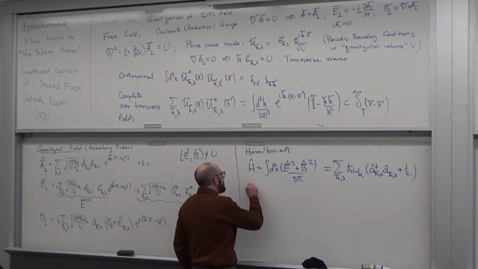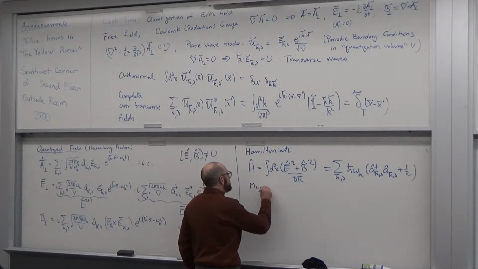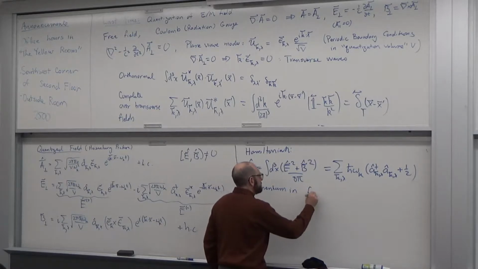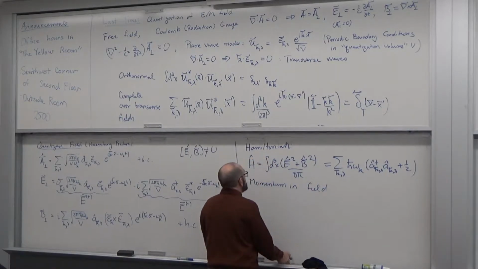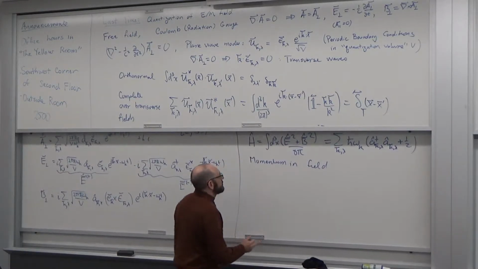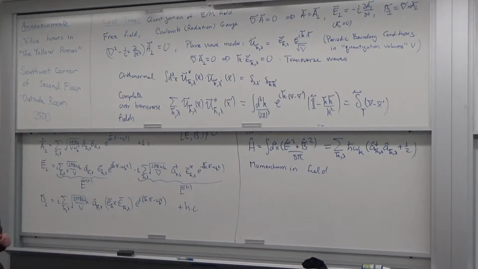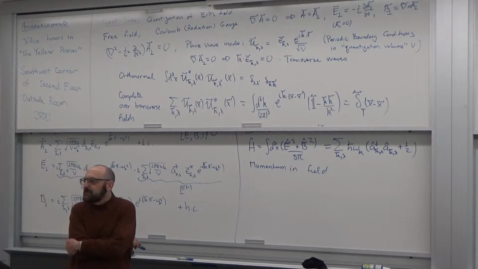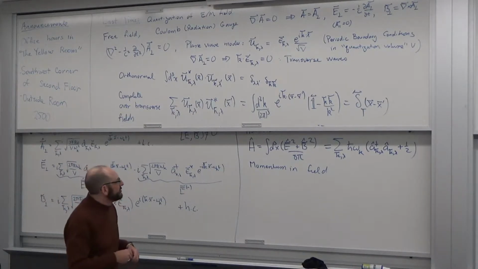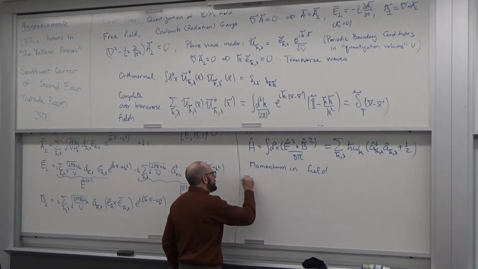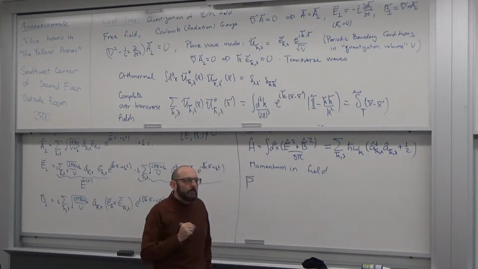What about the momentum in the field? What is the momentum in the electromagnetic field? You guys remember? It's K times A. So if I were to ask, what's the total momentum?